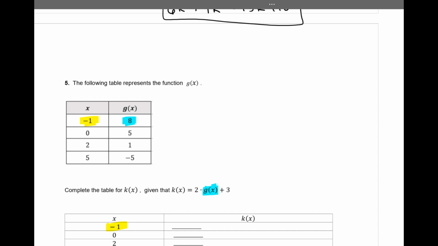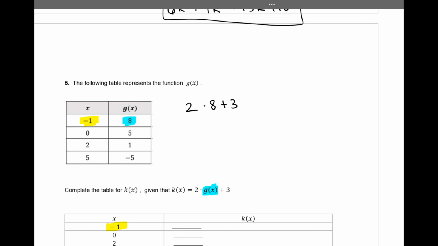So again, I find the input, which is -1, and I match it with the input over here. The input over here is -1 as well. I take the answer, which is 8, and I replace it with the blue section. So the first one, and then I'm going to just follow what it tells me. 2, which is the 2 right here, times the answer. The answer is 8 plus 3.